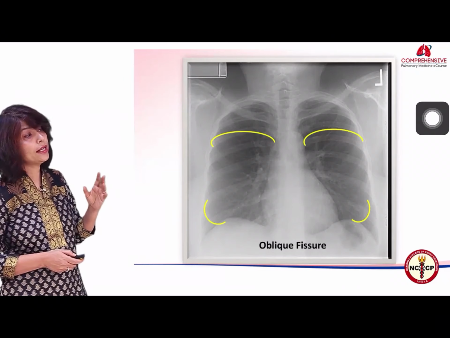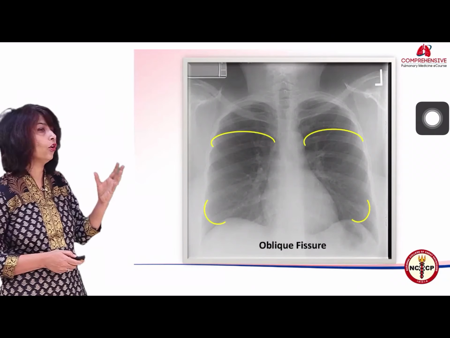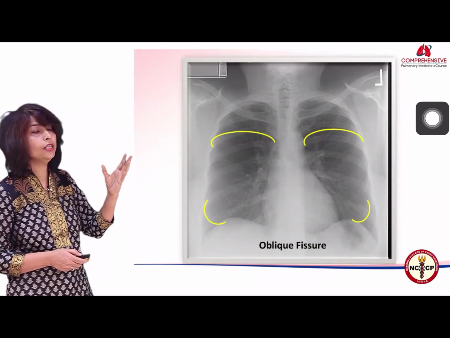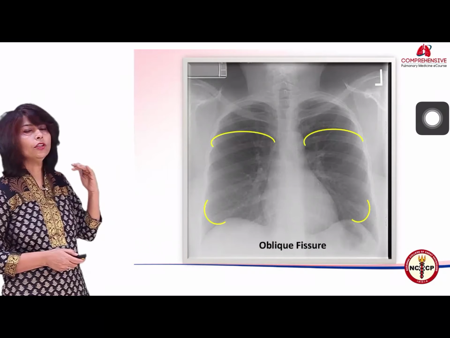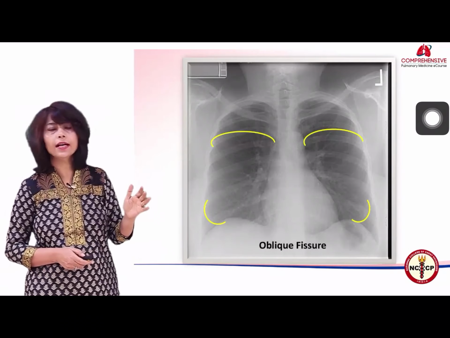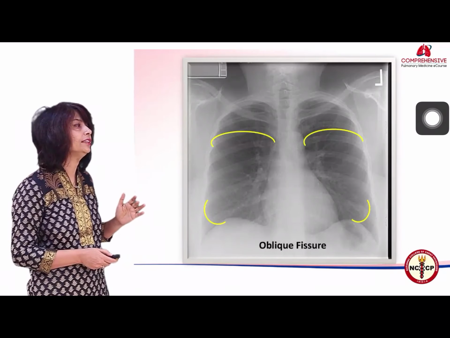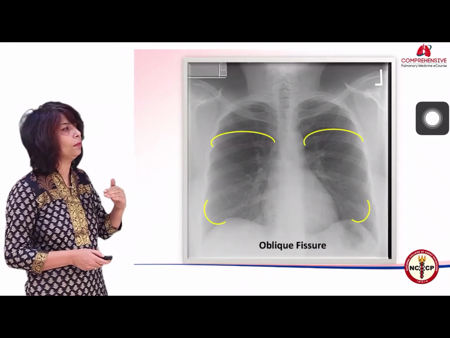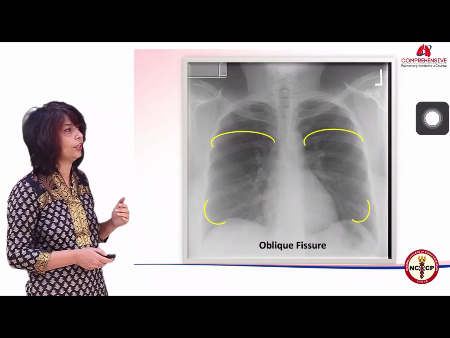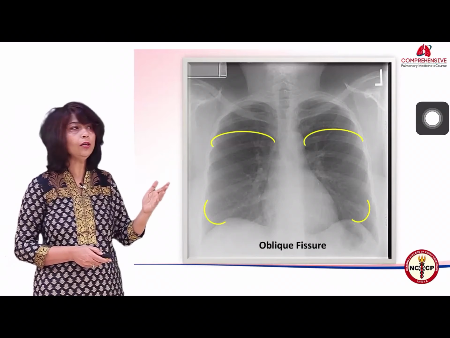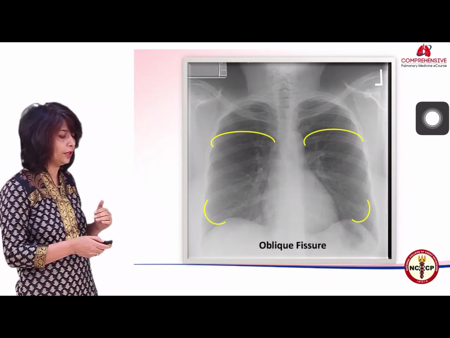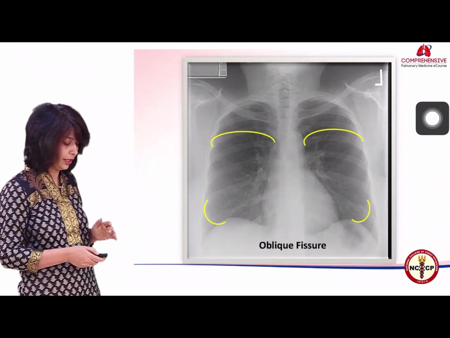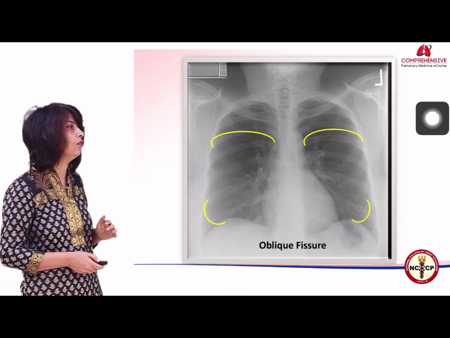In case you have a loculated fluid or a pathology adjoining the fissure, it will outline the fissure, but the normal fissure will not be seen as a white line. So, these are the two areas where the oblique fissure overlies a frontal radiograph: one at the D4 level where it is just taking off, and then lower down as it turns medially towards the hilum.